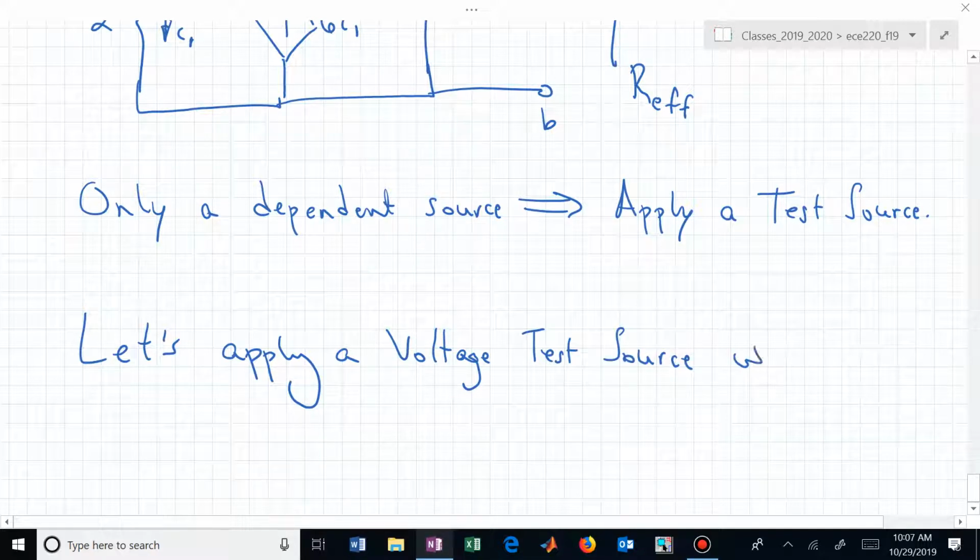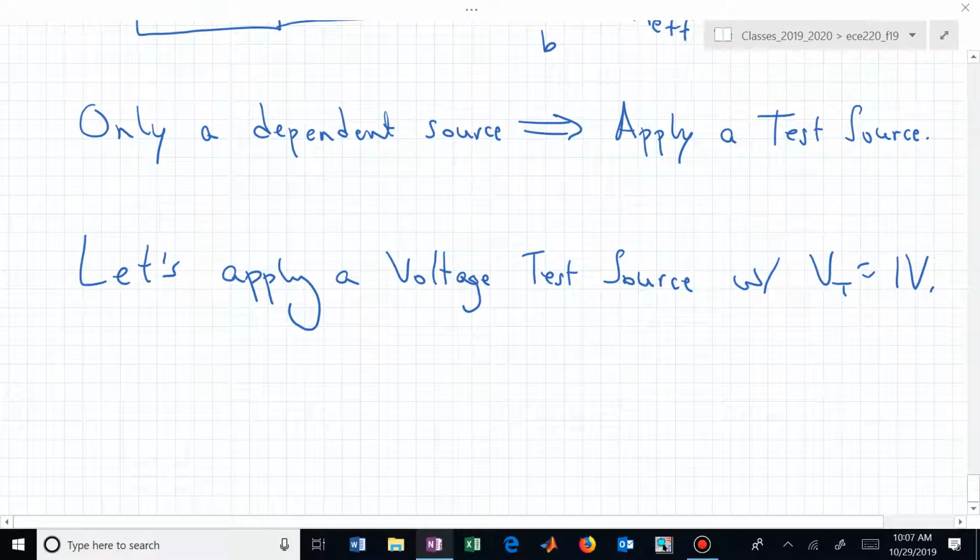And we could fix it at 1 volt. We could even leave it adjustable as V sub t, whatever you feel in the mood to do. This is kind of nice. It just depends on my mood how I'm going to solve this.